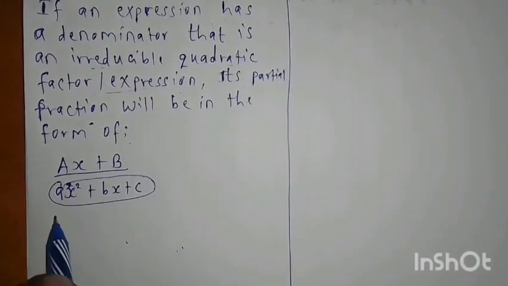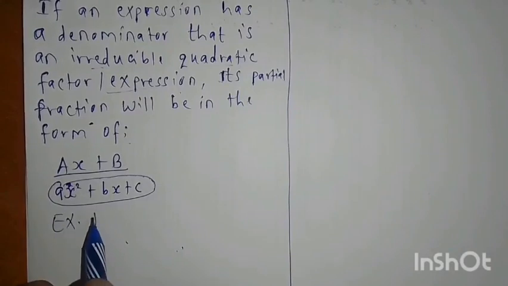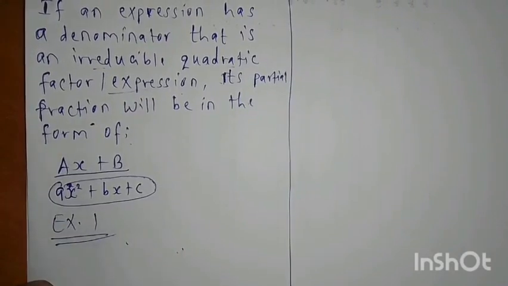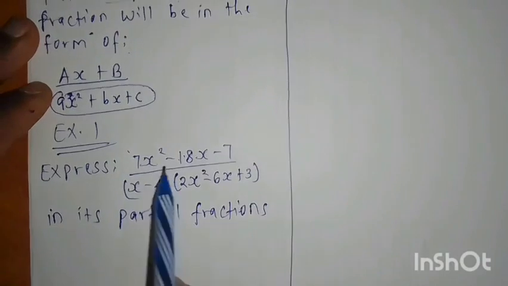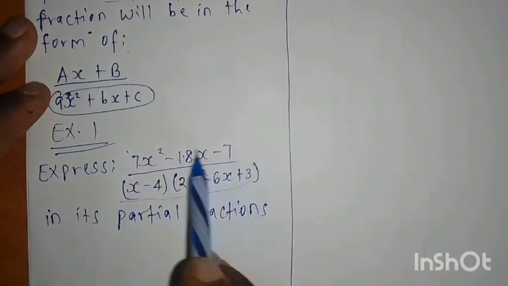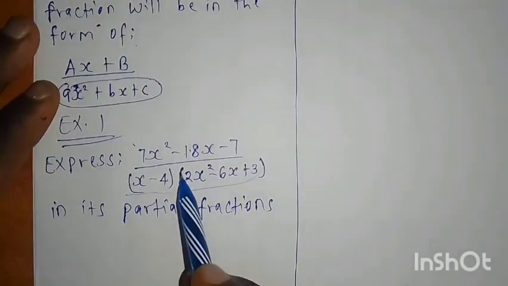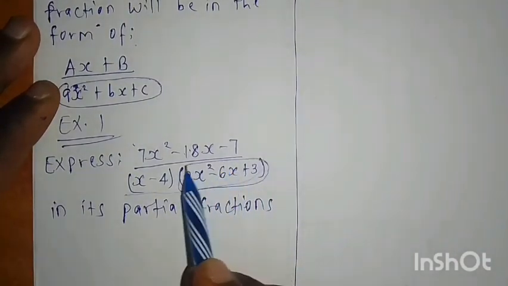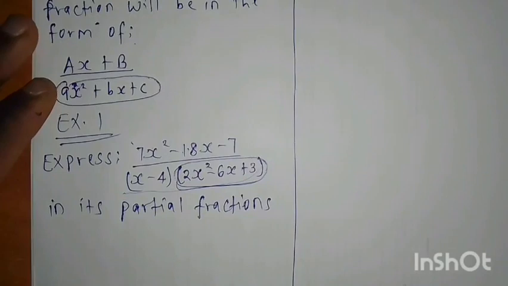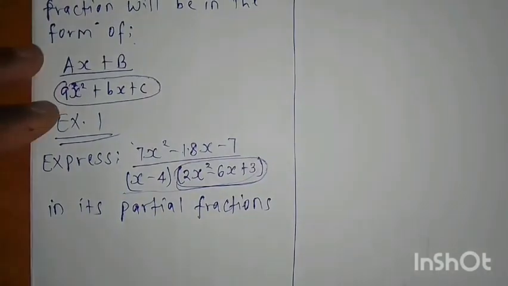So we want to see this using an example. Let us see our example 1. We want to express this expression in its partial fraction. So we want to evaluate whether this quadratic expression is reducible or factorizable or not.